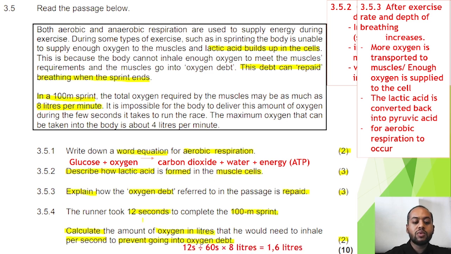Therefore, for the answer, you will take your 12 seconds and divide by 60 because there are 60 seconds in 1 minute. You multiply by 8 and therefore you get 1.6 liters. 12 seconds divided by 60 seconds multiplied by 8 liters gives you 1.6 liters. 2 marks for that question.